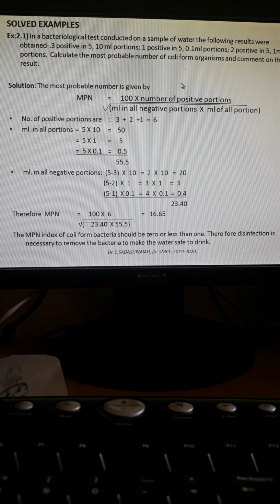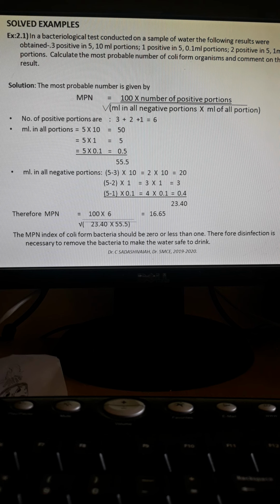In a bacteriological test conducted on a sample of water, the following results were obtained: 3 positive in 5 10 ml portions, 1 positive in 5 0.1 ml portions, and 2 positive in 5 1 ml portions. Given this data, we are asked to calculate the most probable number of coliform organisms and comment on the result.